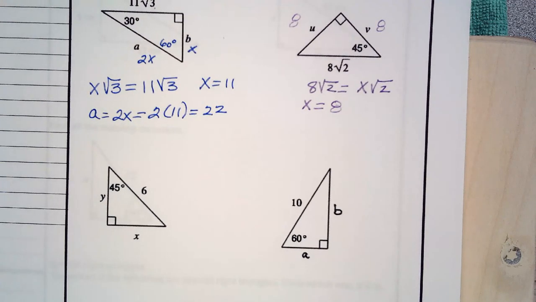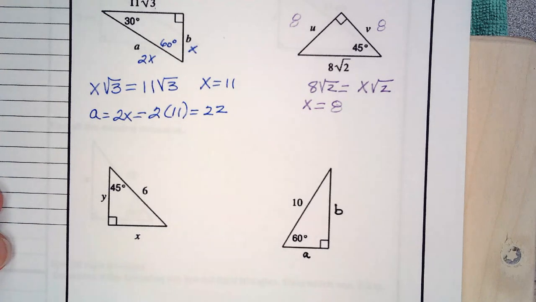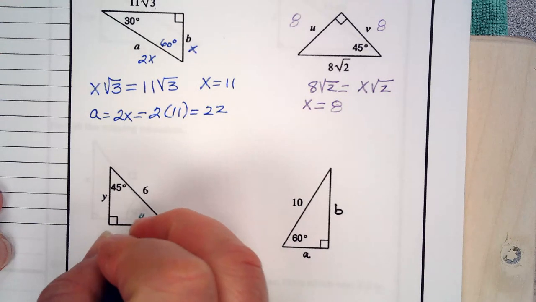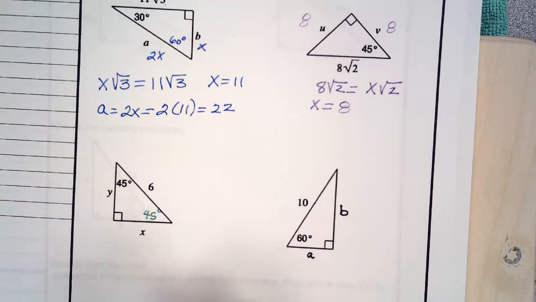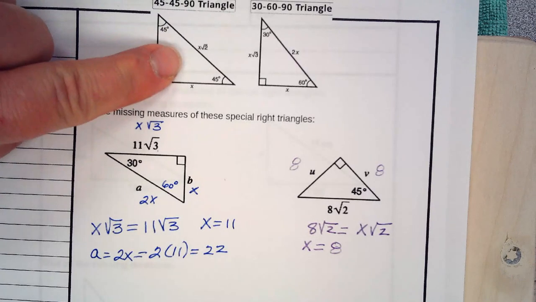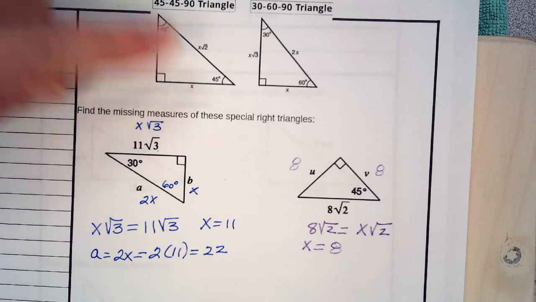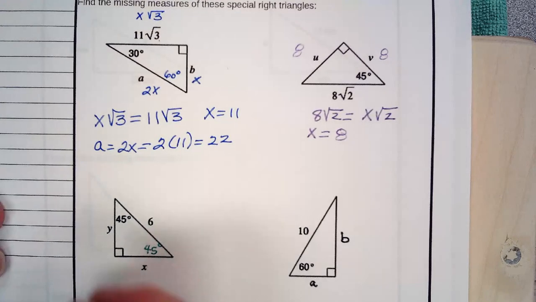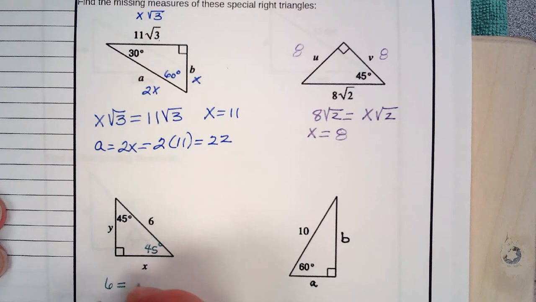Okay, so looking at the next one. This is a 45, 45, 90 degree triangle. So if I'm looking back up here, my hypotenuse is x square root of 2. 6 is equal to x square root of 2.